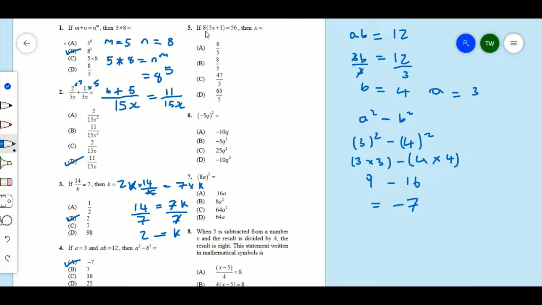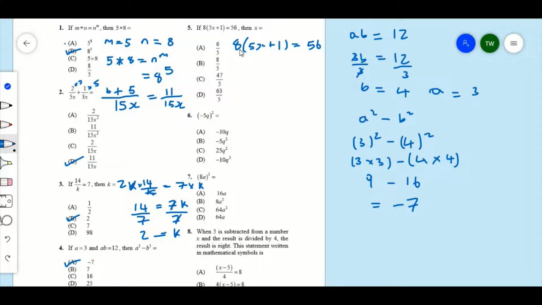Question number 5. If 8 times 5x plus 1 equals 56, then x is, now we have 8 open bracket 5x plus 1 is equal to 56. Now there's a couple of ways you can do this.